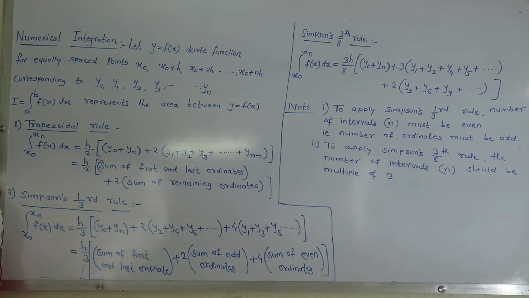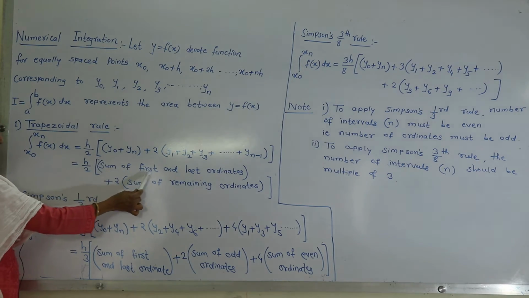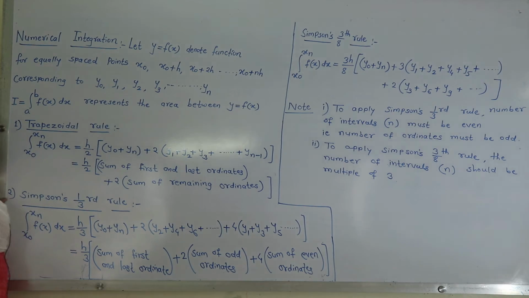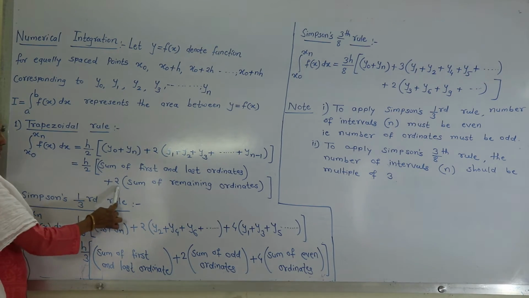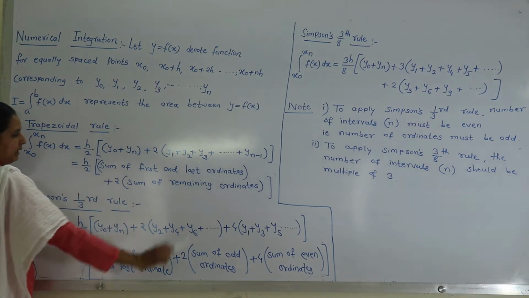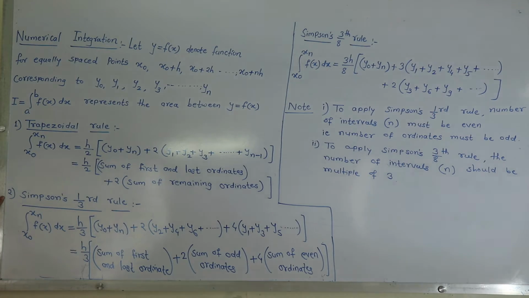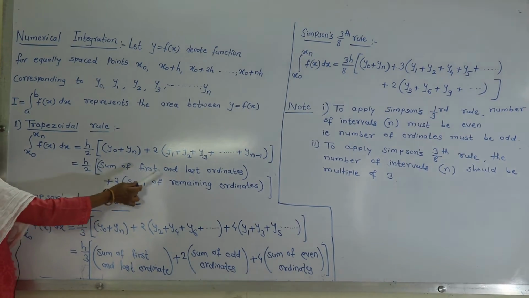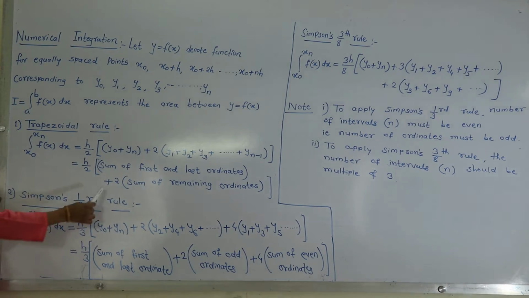To remember this, we can use h by 2 in bracket sum of the first and last ordinate plus 2 times sum of the remaining ordinates. The formula is very simple.